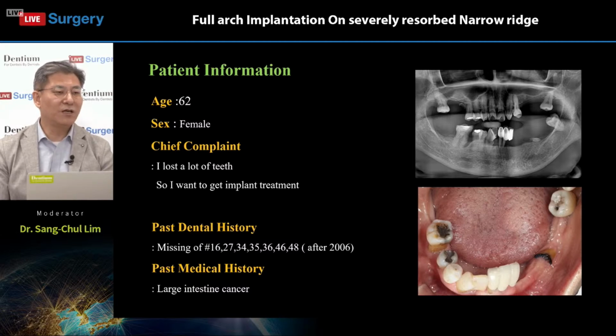Past dental history: she lost lots of teeth after 2006, and past medical history was large intestine cancer. Her general condition is very poor, so Dr. Chung determined the minimalism concept and minimized the implant fixtures on the lower jaw for the full arch rehabilitation.